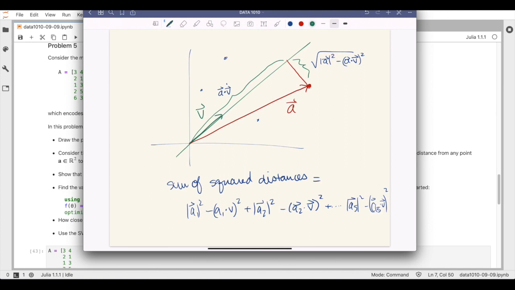And we see that some of these terms don't have v in them at all. So if we're trying to find a v that minimizes this sum of squared distances, then none of those terms matter. We can just focus on the other terms and try to minimize them. So the punchline there is that we're trying to maximize these remaining terms.